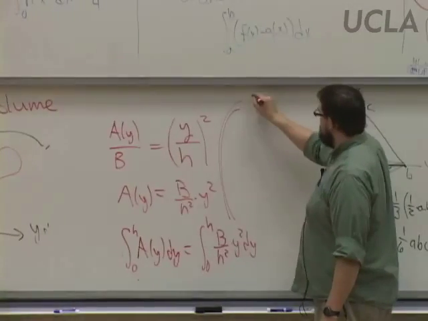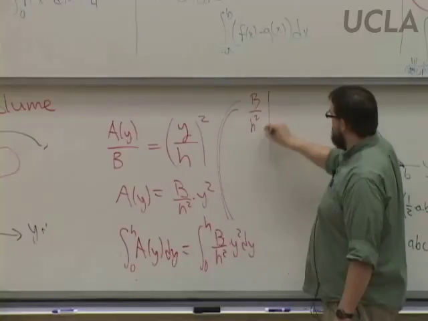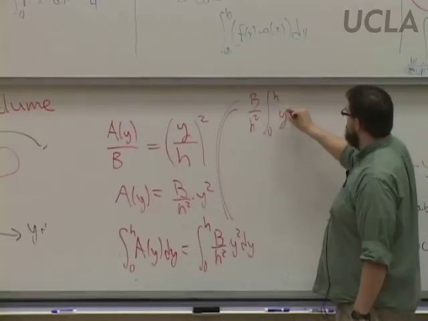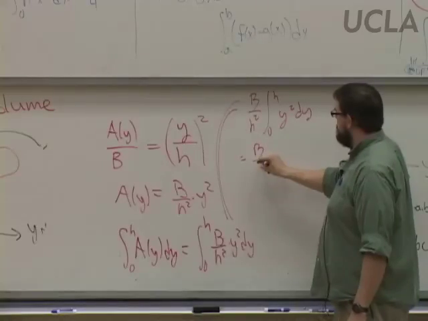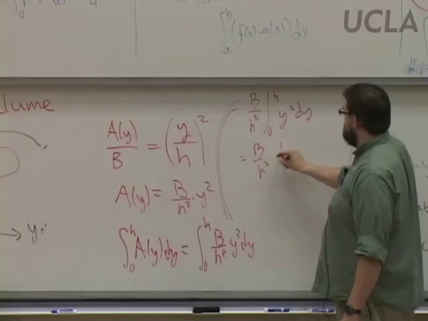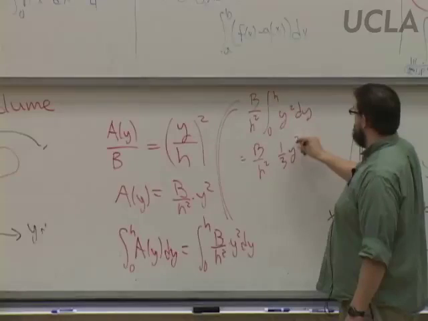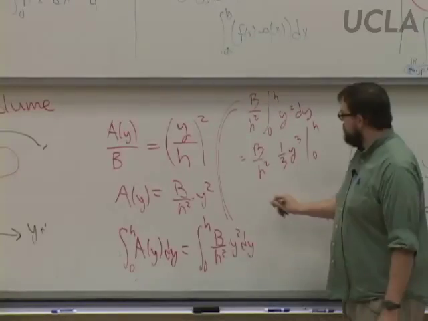Now, b over h squared is a constant, so that comes out. And then y squared dy, that's very easy for us to integrate. That's 1/3 y cubed, evaluated from 0 up to h.